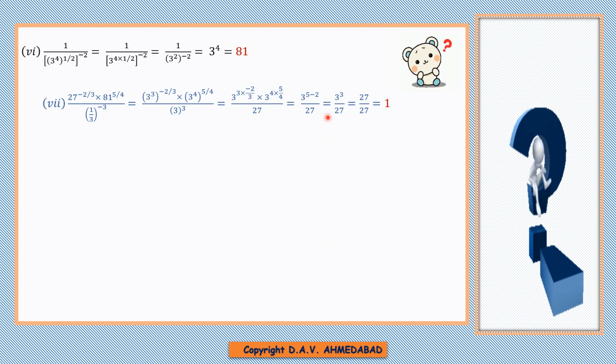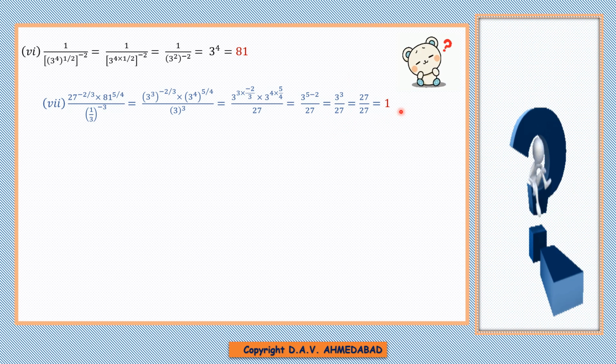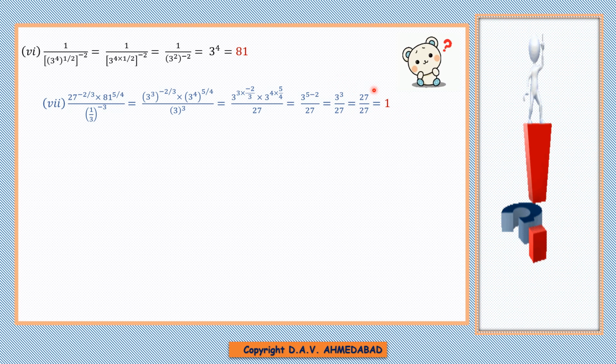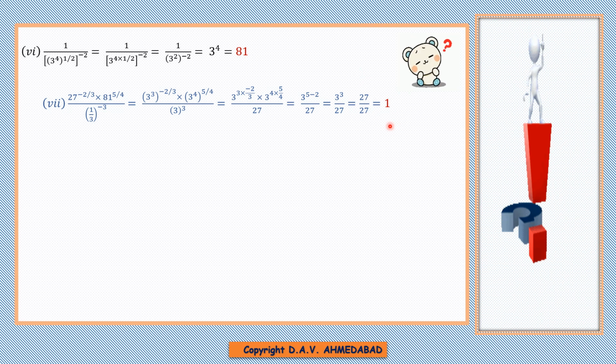It is your choice, children. Then we will have 3 cube divided by 3 cube. So 3 cube cancel. Answer is 1. Or if you are opening it and writing 27, then again you will have 27 by 27 and answer will be 1. It is completely your choice. Either way you can do.